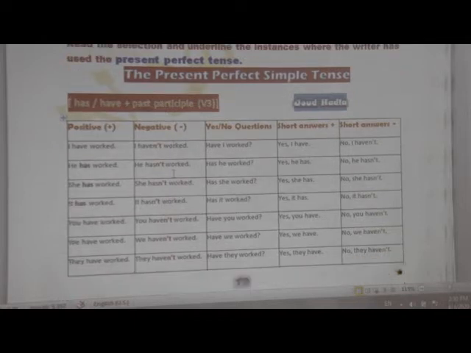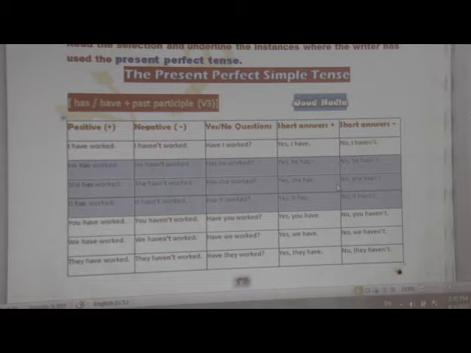So let's read the form of the present perfect in positive, negative, and yes/no questions. Here, I have worked. Negative form, I haven't worked. Question, we only need to invert the verb to have. So have I worked? Now here, don't forget, dear students, in third person singular, we use has with singular nouns.